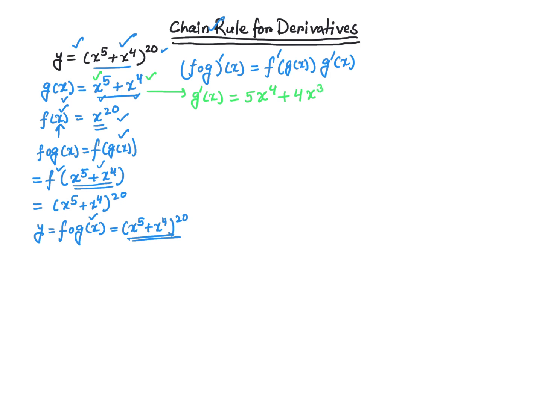So I need to find the second guy, which is this. What is f prime of g of x? Now, once again, this is where things are a little bit subtle or different than what you are used to.